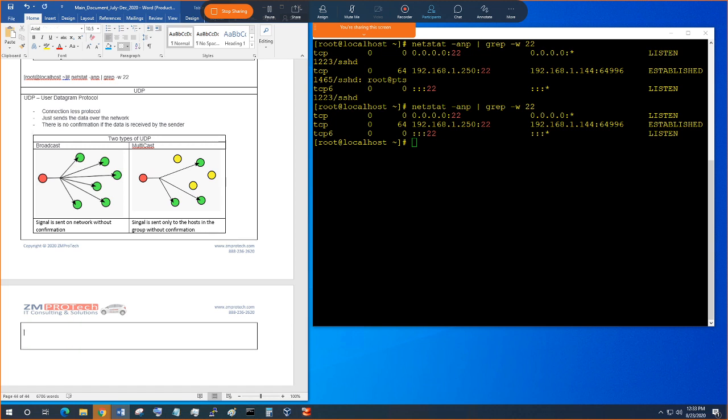So I'm gonna make a table here, the difference between the TCP and UDP.